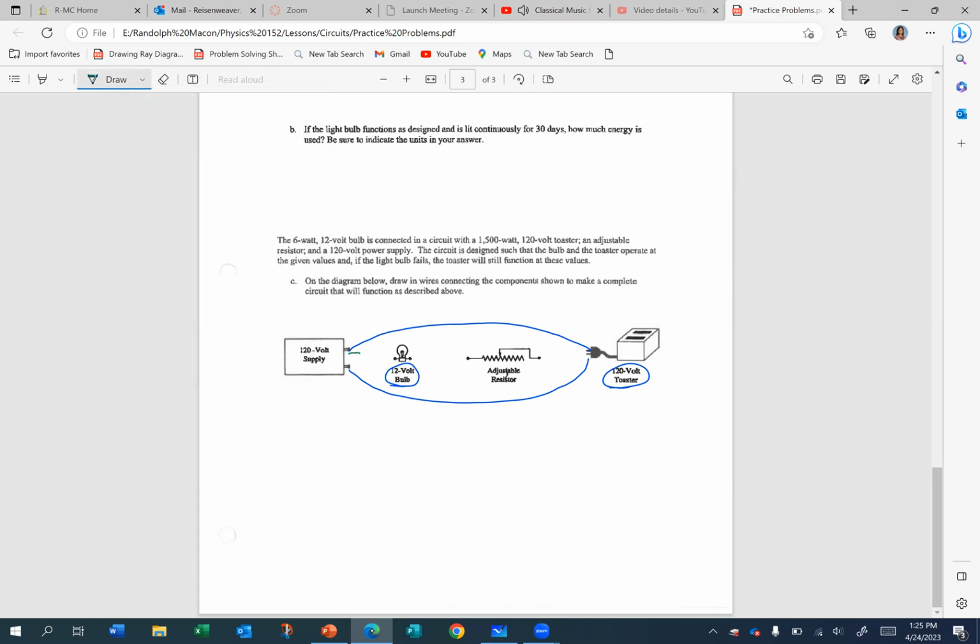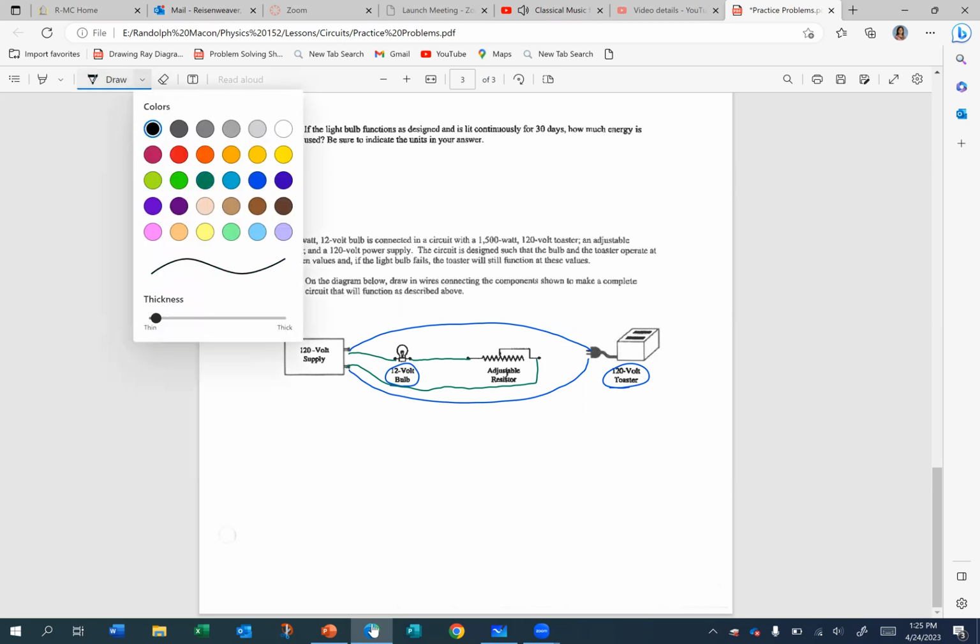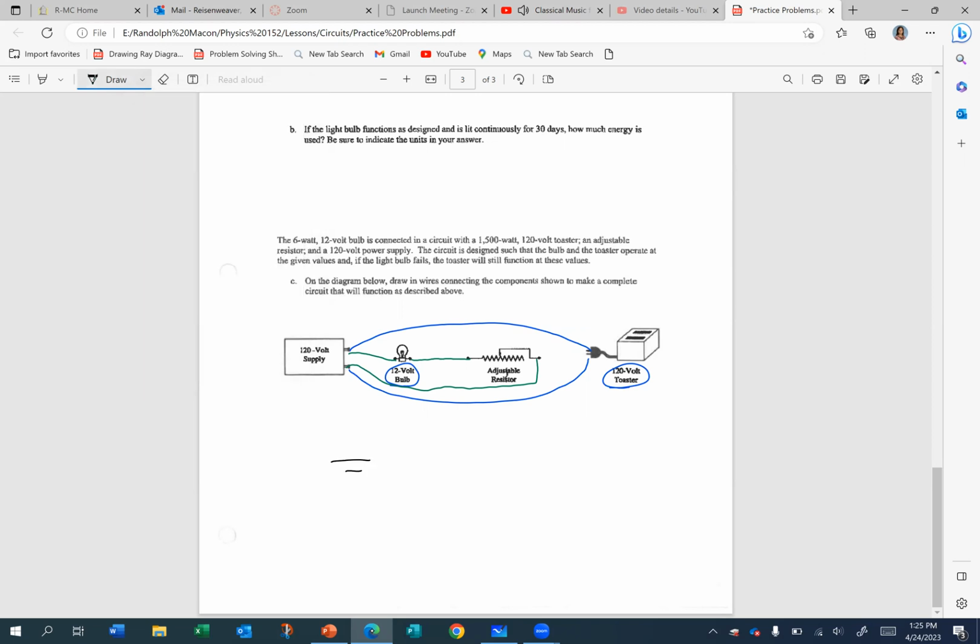Right? So I still want to come out of my power supply, go through the bulb, go through the resistance, and then get back to our bulb. In symbol form, what that's going to look like is you're going to have your power supply, 120 volts.